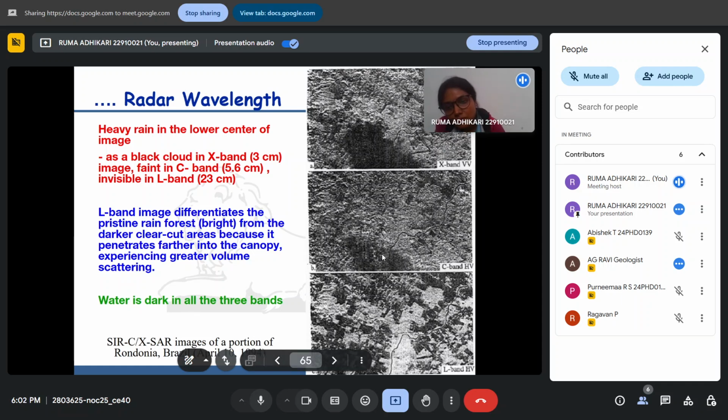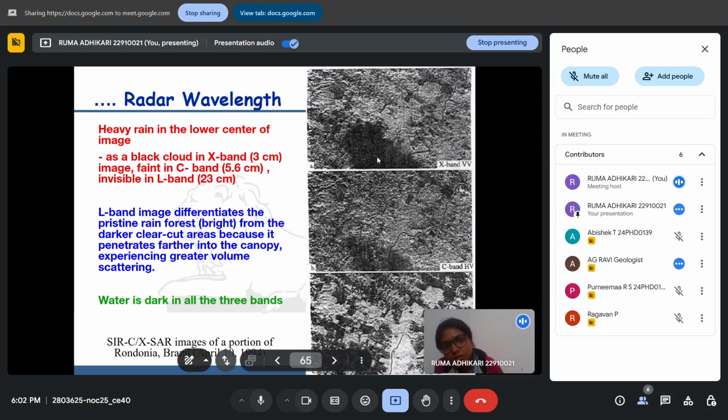So one thing to see, water is dark in all the three bands. Okay, water body, you can see this river is flowing. Here also the river is flowing. This water body is dark. Why in SAR image is the water body dark? Because, as we saw in scattering, when the microwave signal hits the water surface, specular reflection happens.